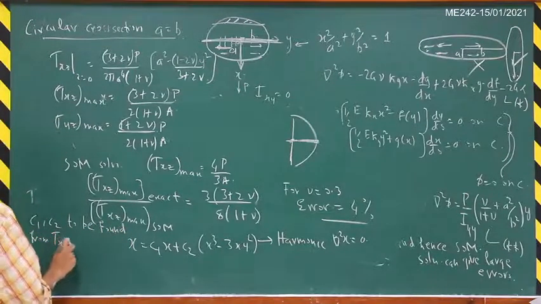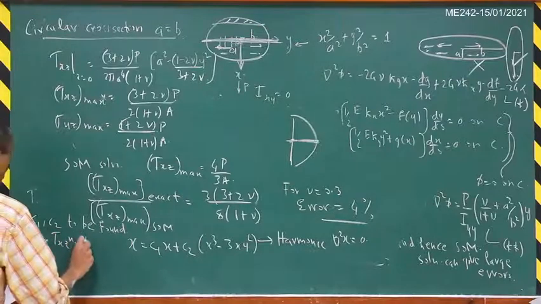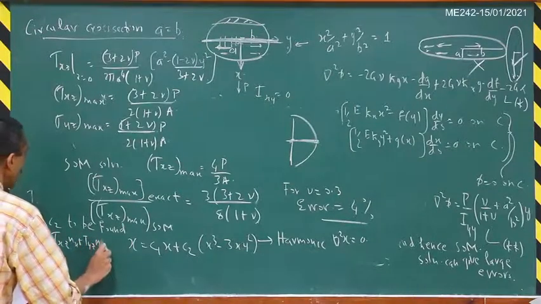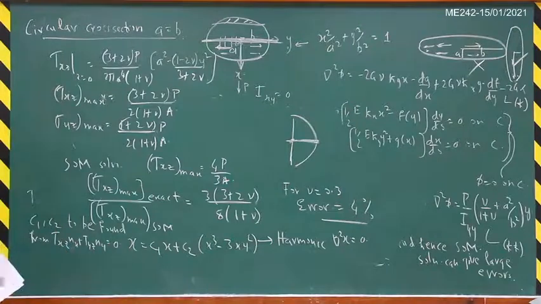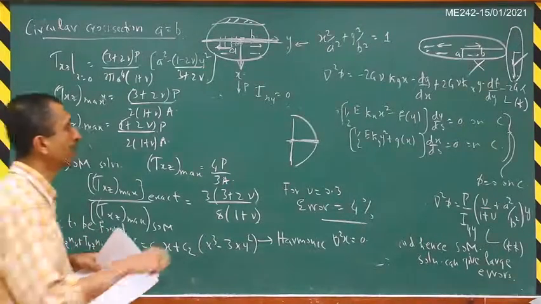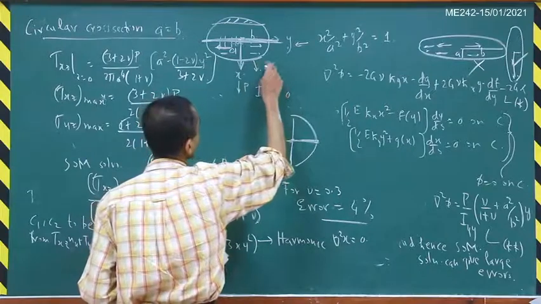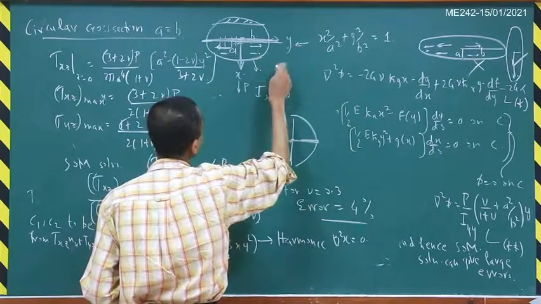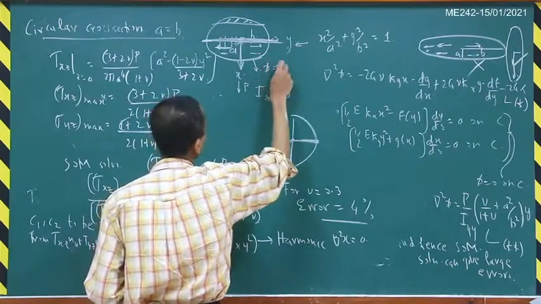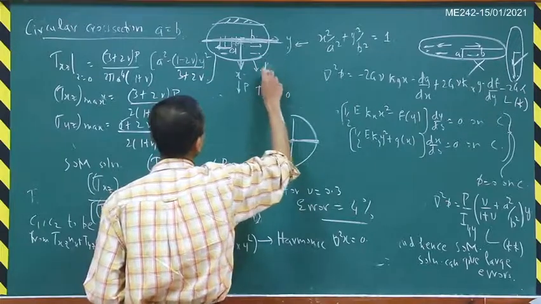And the normal will be given by, so suppose the equation on the boundary is beta equal to 0.